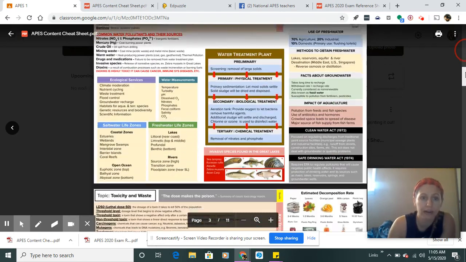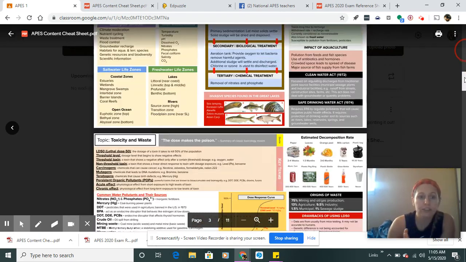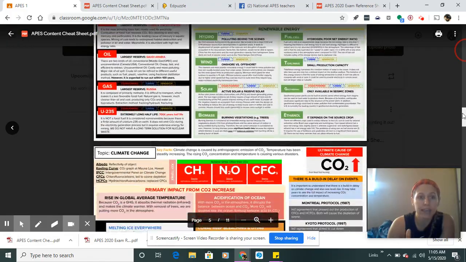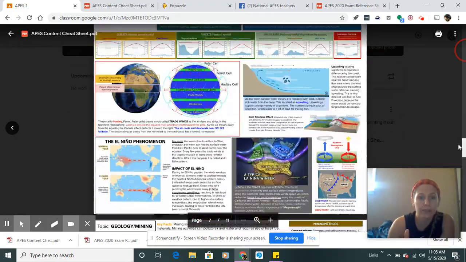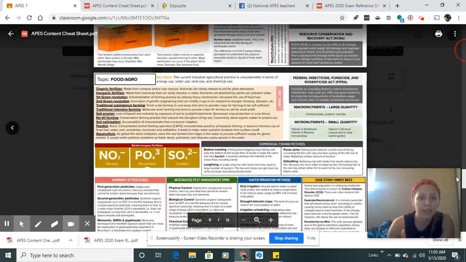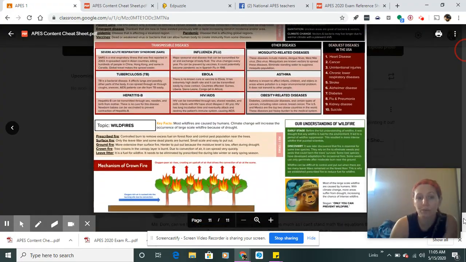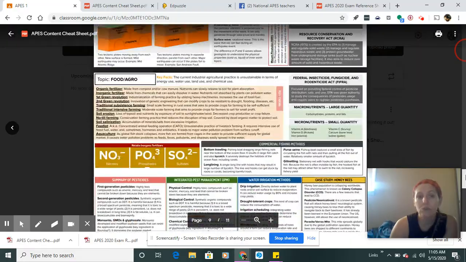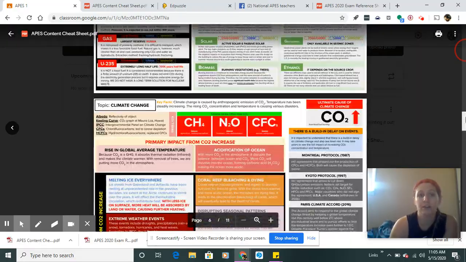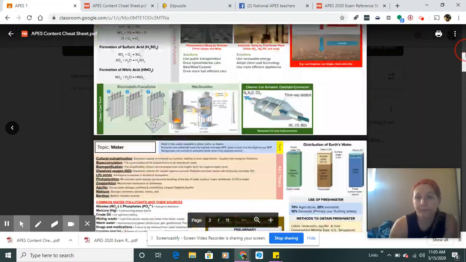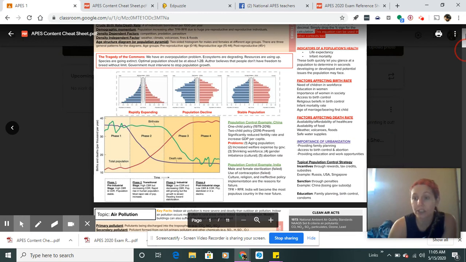If you scroll down, it goes through each topic. It's actually insane. I'm obsessed with this. So it doesn't separate it by units necessarily, but it does go through it by topic. So if you had a question on, I'm trying to think, eutrophication, which everyone should know: eutrophication is the excess of nutrients that goes into a waterway, leading to an algae bloom, which in turn leads to a dead zone.